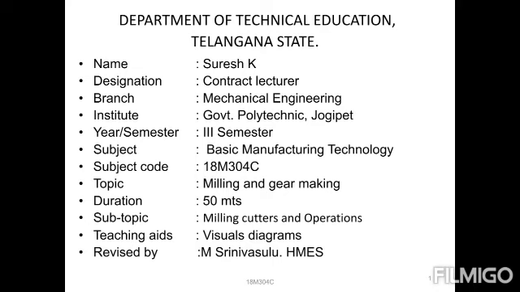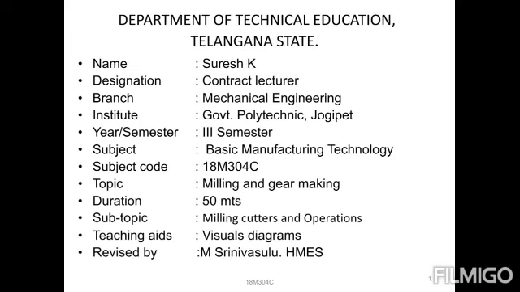We need to know which type of cutter is used and the construction details of the cutter, and also which type of operation we perform on the milling machine. The type of machine is different, the type of cutter is different, and the type of operation is also different.